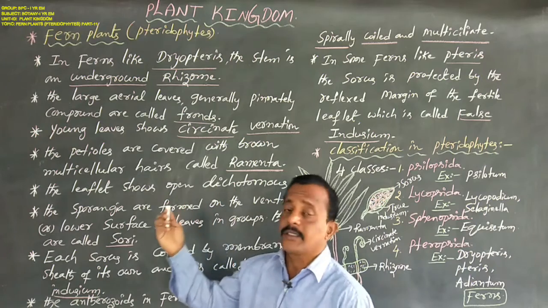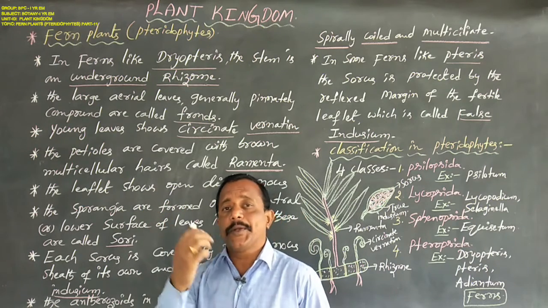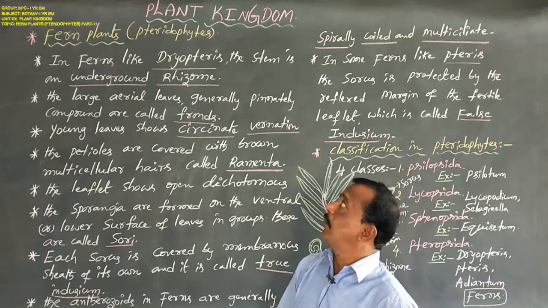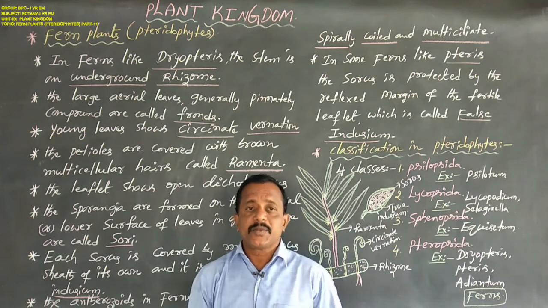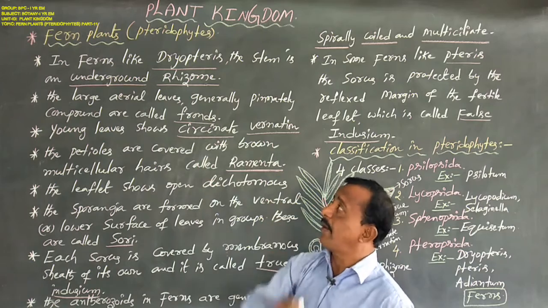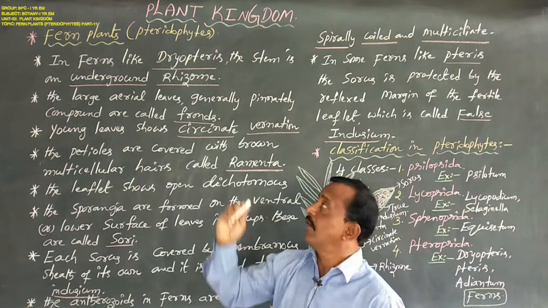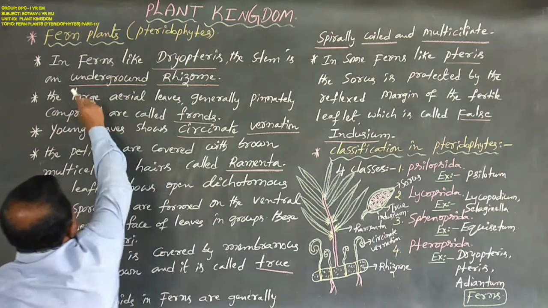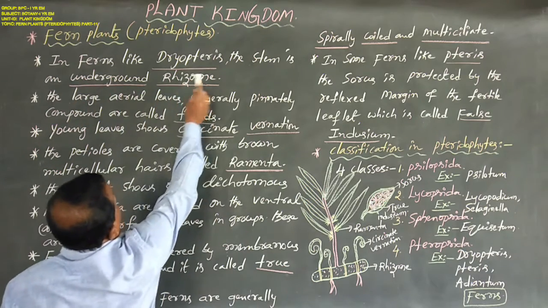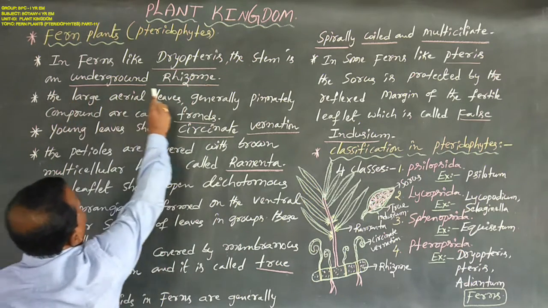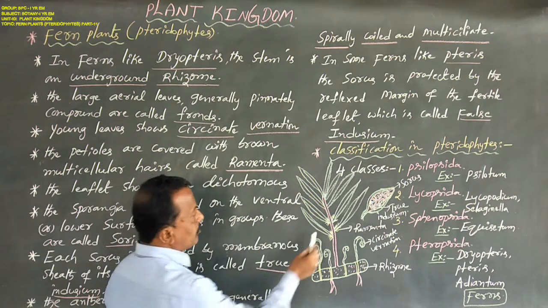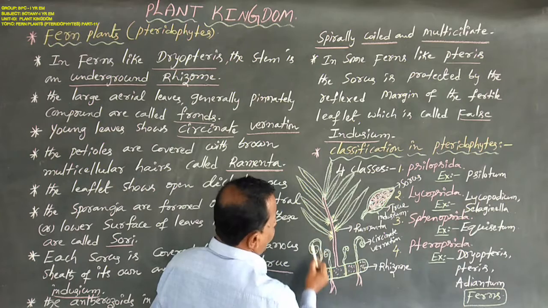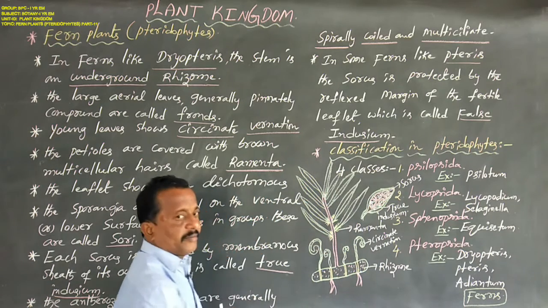So dear students, now we are going to discuss another pteridophyte group, that is fern plants. In ferns like Dryopteris, the stem is an underground rhizome. This is Dryopteris, one type of fern plant.